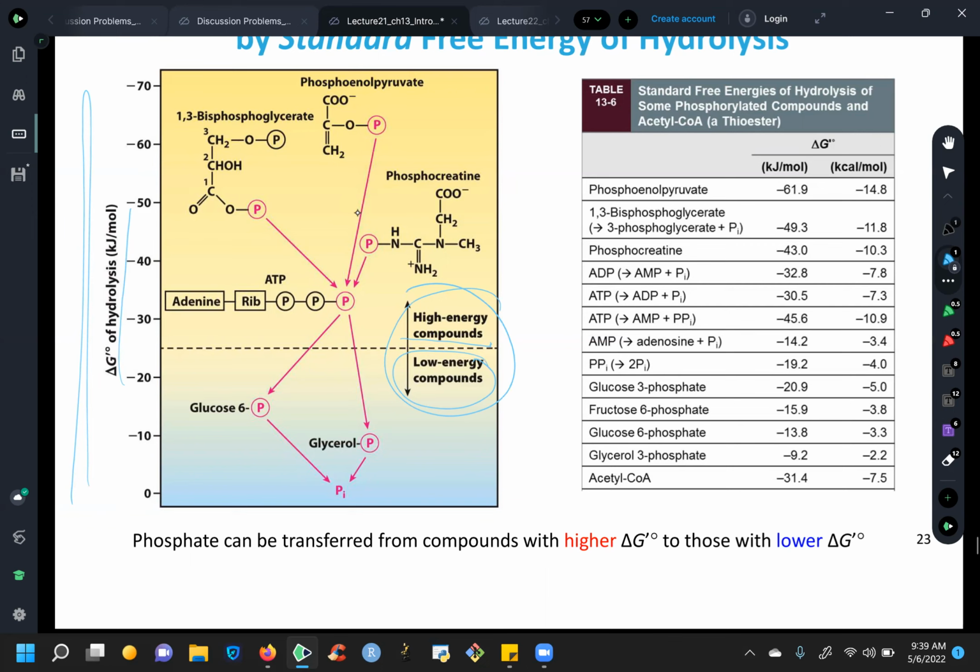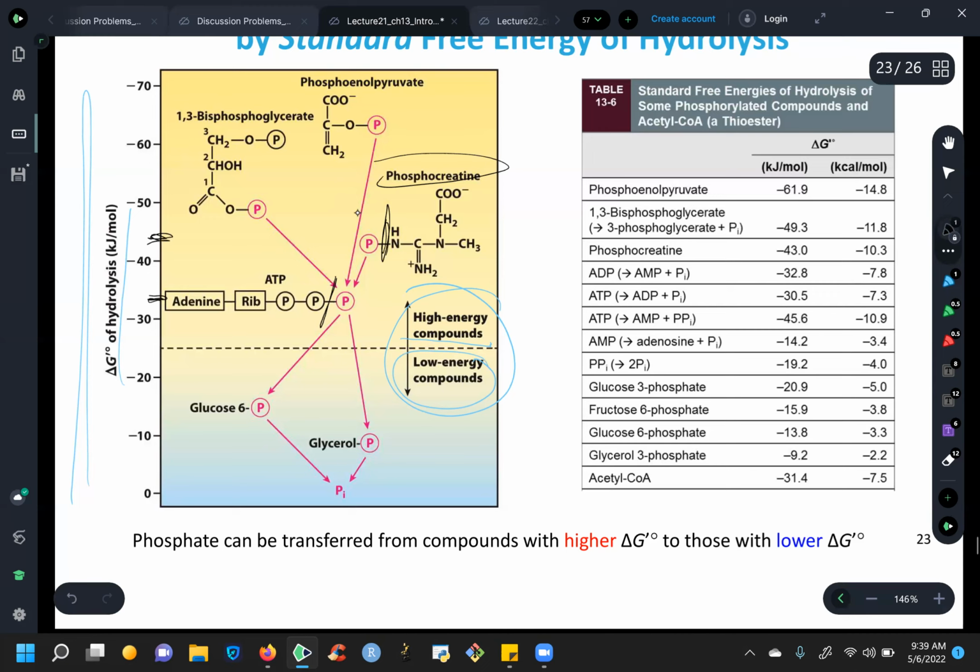Hydrolysis is when we break that bond. So when we remove that phosphate, how much energy is released? For ATP, when we remove this phosphate, it's about 34, 35. For phosphocreatine, it's like 40 something.